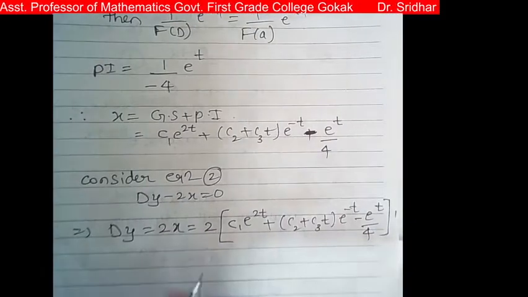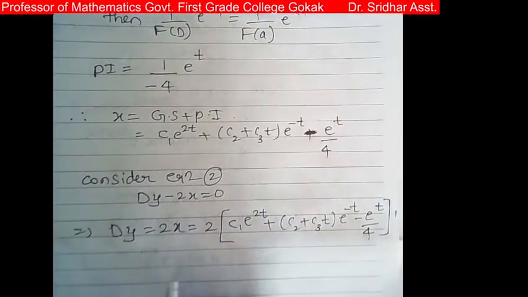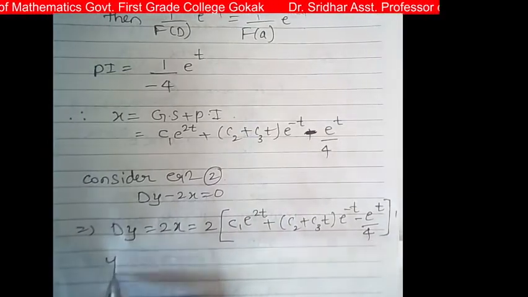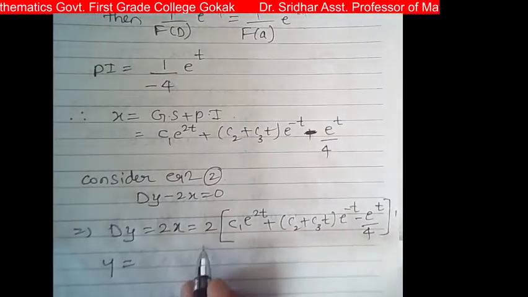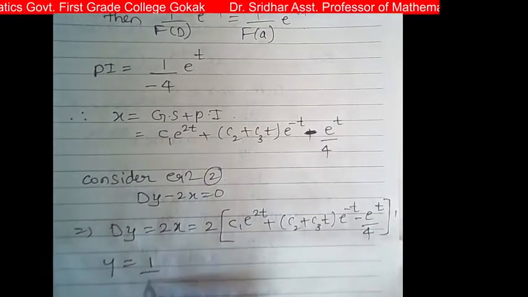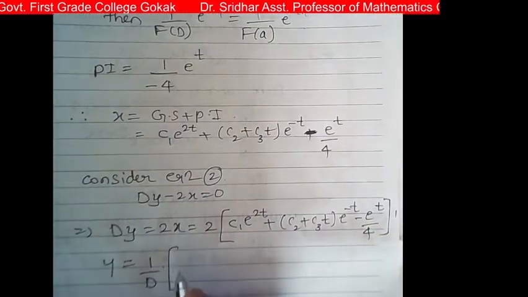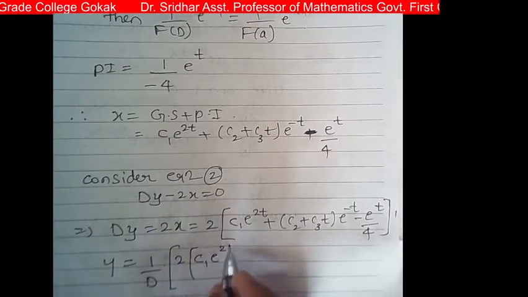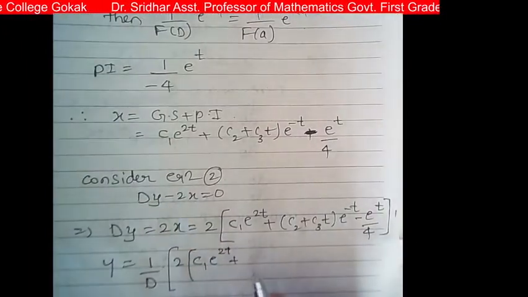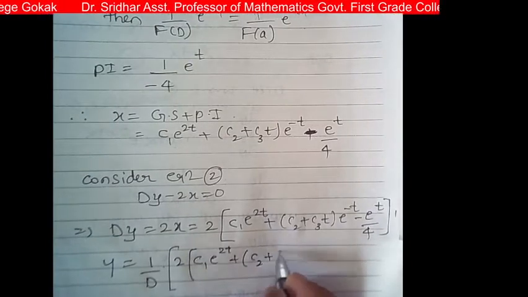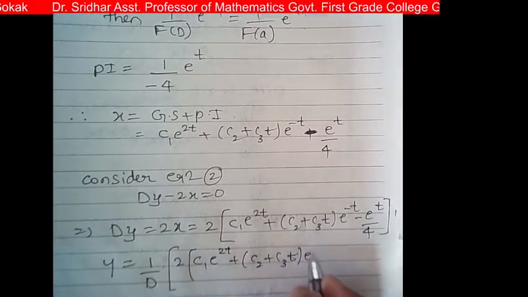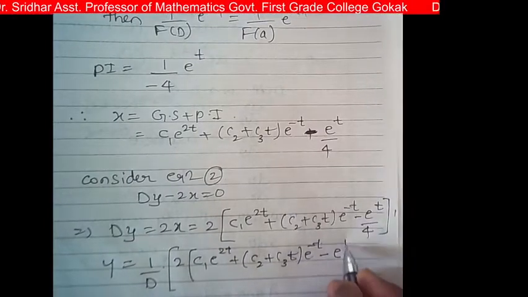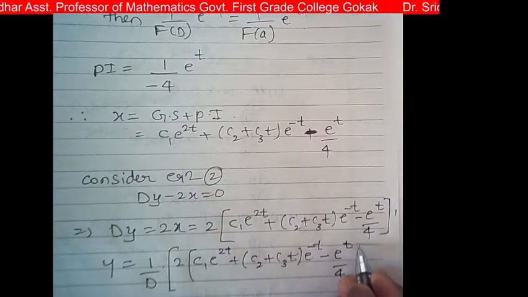Okay, so now to find y. The D comes to the denominator, so y is equal to 1 by D of 2 times (c1 e raised to 2t plus (c2 plus c3 t) e raised to minus t minus e raised to t by 4).